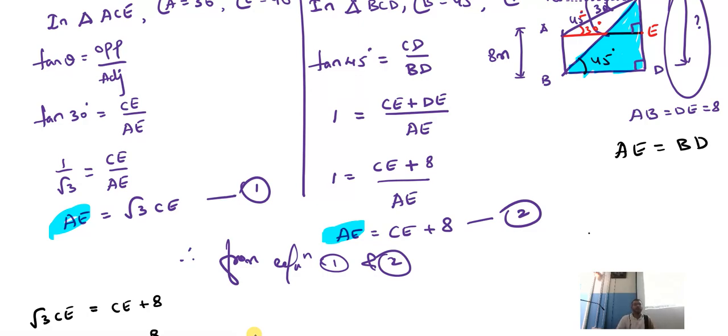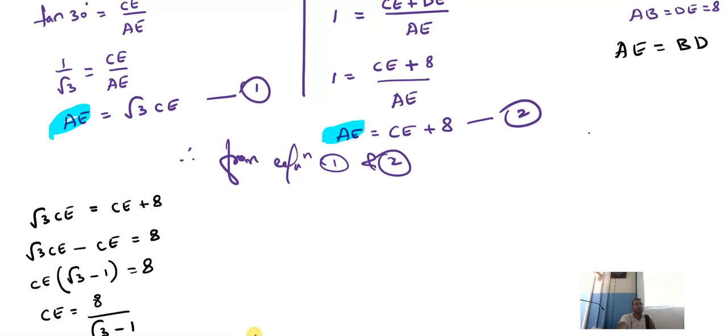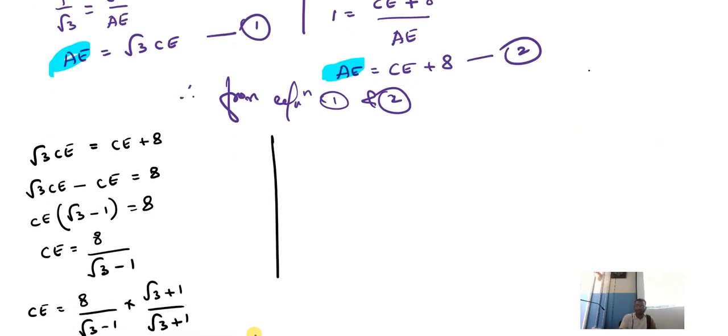Since I have taken AE, I can take equation 1 here. According to equation 1, AE is equal to root 3 CE. Am I right?